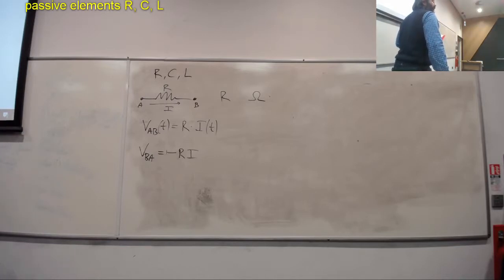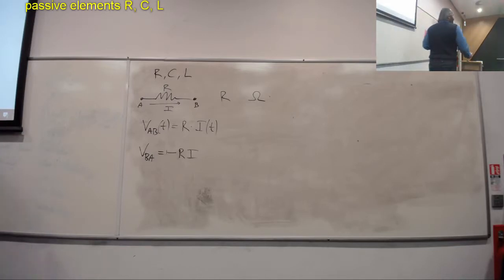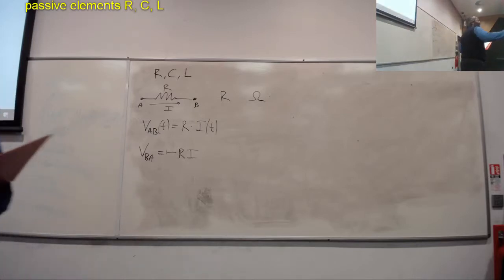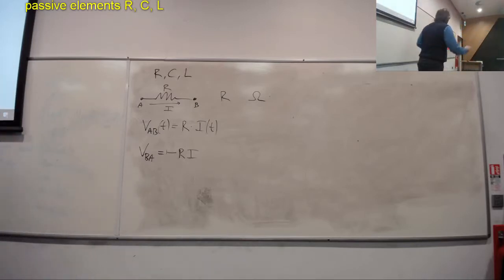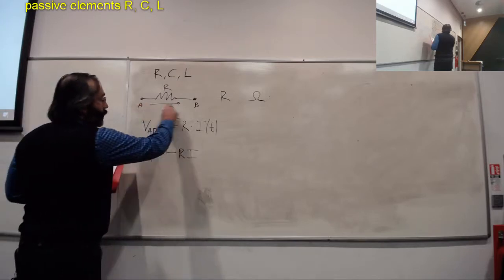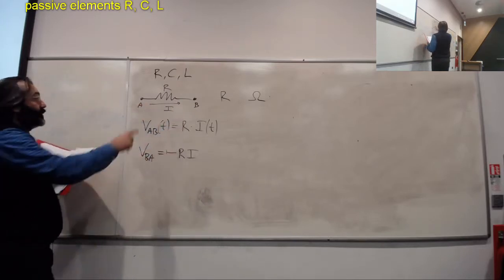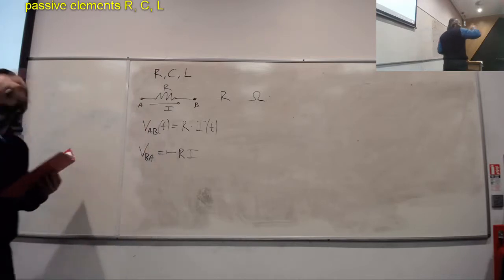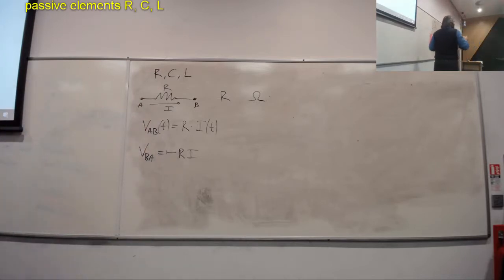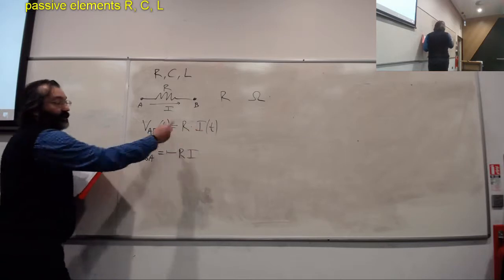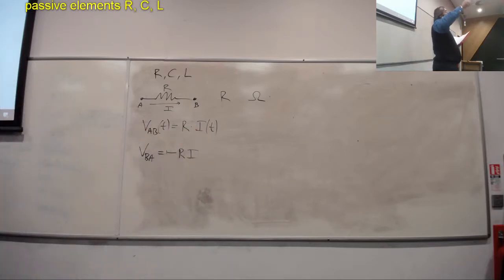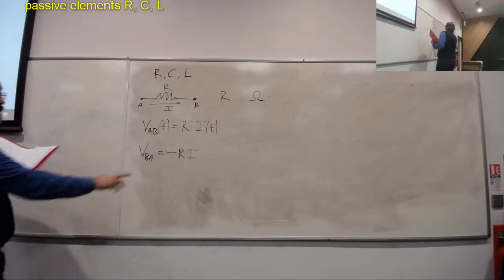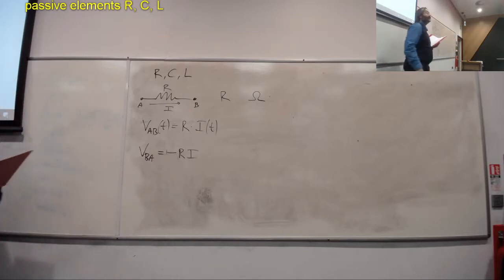So effectively, when dealing with resistors in a circuit, if the current is flowing in a direction going from the starting point from which I want to calculate the voltage difference, then it will be positive, plus R times I. Otherwise, I need to take into account that it needs a minus.